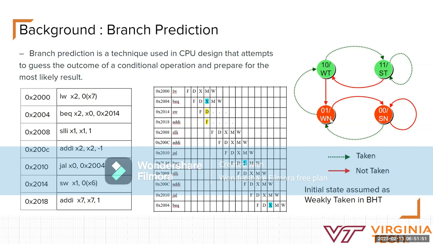So there's an initial state in the branch history table, and the branch predictor acts as per the branch history table. We have the weakly taken one, the strongly taken one, the weakly not taken one, and the strongly not taken one. The processor initiates from either one of these states, and then let's say we start from the weakly not taken one.